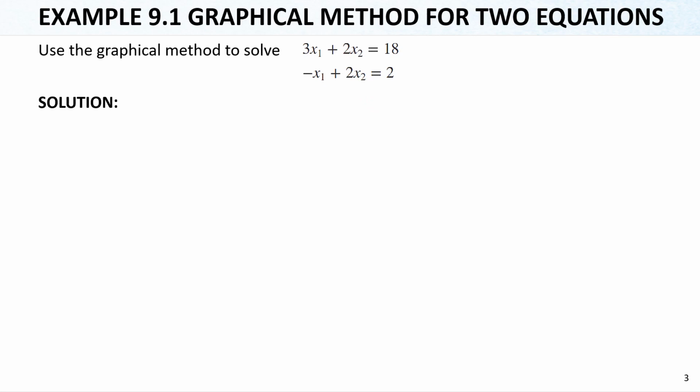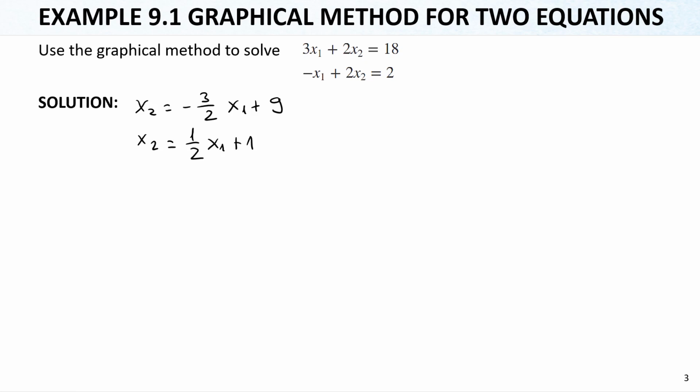For the first one, x2 equals minus 3 divided by 2 times x1 plus 9. And for the second one, x2 equals 1 divided by 2 times x1 plus 1.